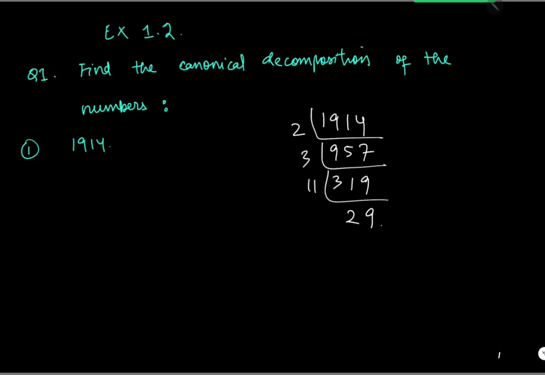The prime factorization of 1914 is this, and we will express it as 2 into 3 into 11 into 29. We'll stop here. We cannot go further as 29 itself is a prime number. Each prime number here occurs exactly one time, so we are not going to use any power.